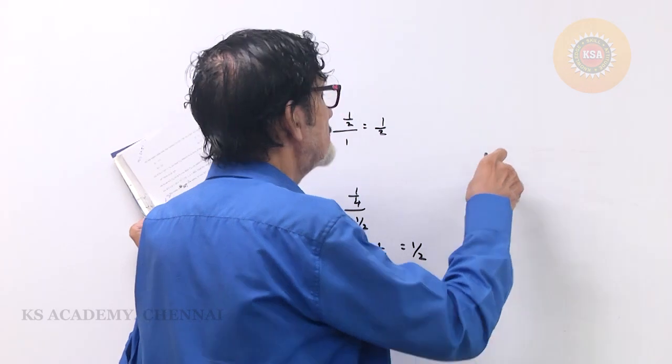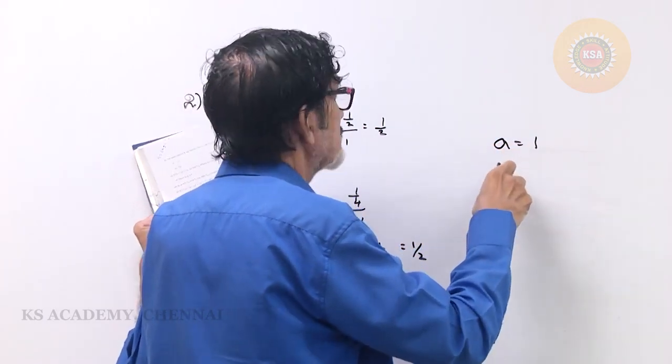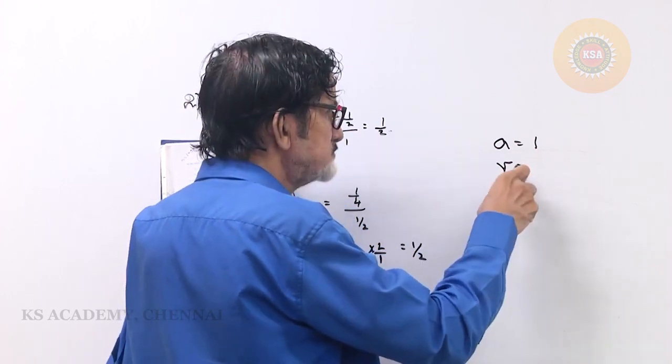A is equal to 1, r is equal to this r. What value are you getting? r.